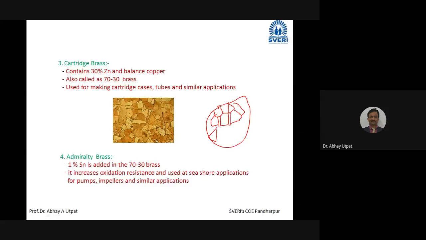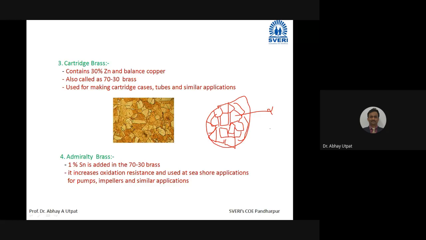That is because of annealing treatment. So just give the name alpha. Only one phase. This is cartridge brass, 70-30 brass. Remember the name 70-30 because 70 is copper and 30 is zinc.